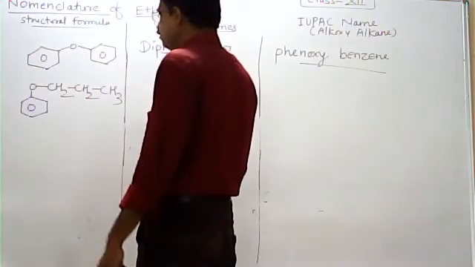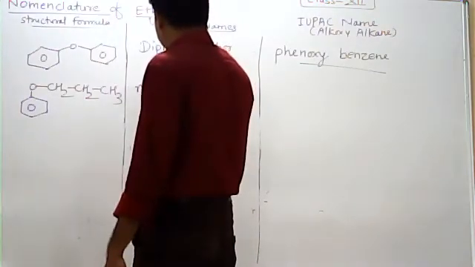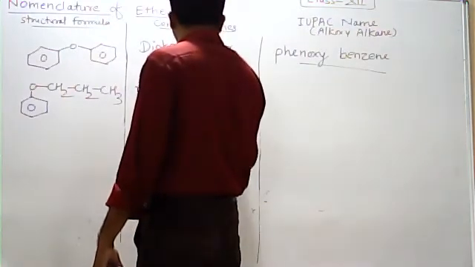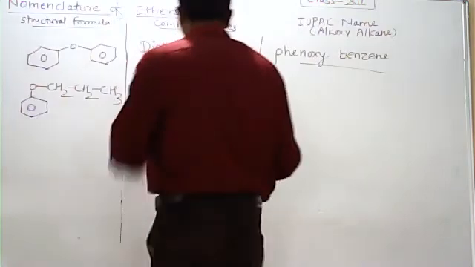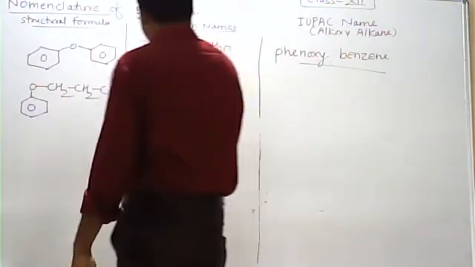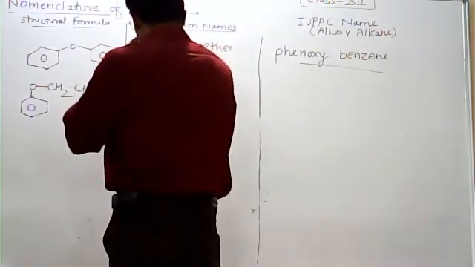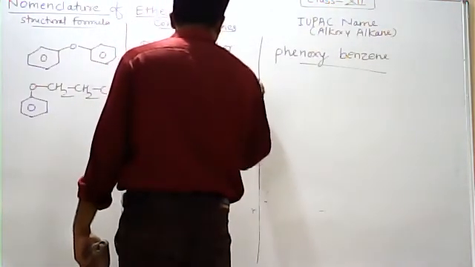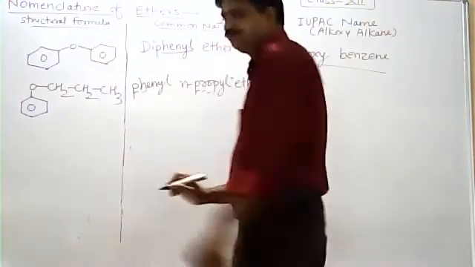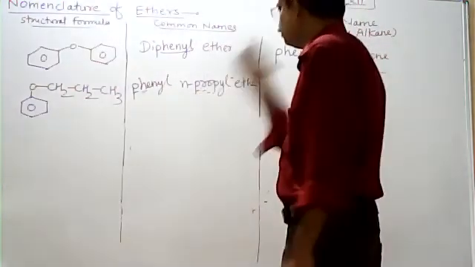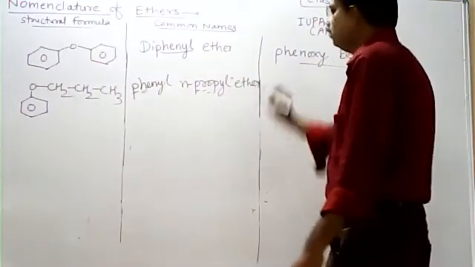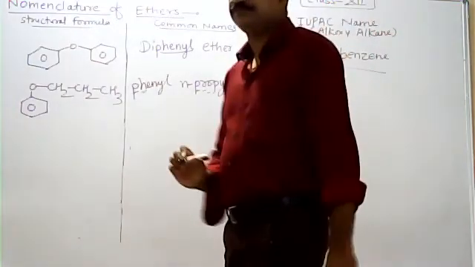Phenyl and propyl. P is there in both, n-propyl and phenyl. Now let's take phenyl first: P is there, then H, then R. Alphabetically, H comes before R. Phenyl n-propyl ether. What is the IUPAC name?